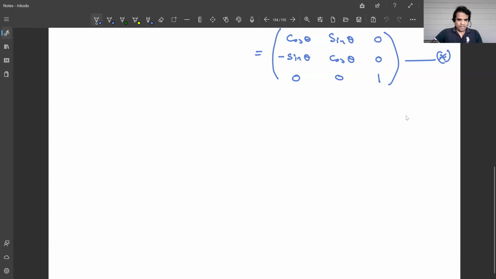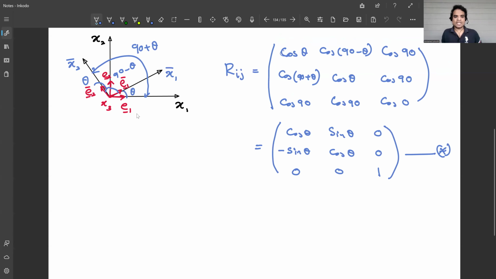Before starting that, let me prove one of the findings we talked about. When we derived the vector transformation between the bar and unbar coordinate systems, I told you the vector itself remains unchanged. Only the vector components change.